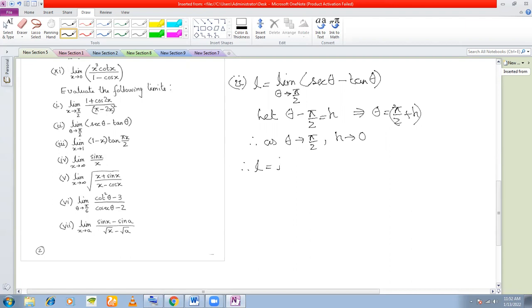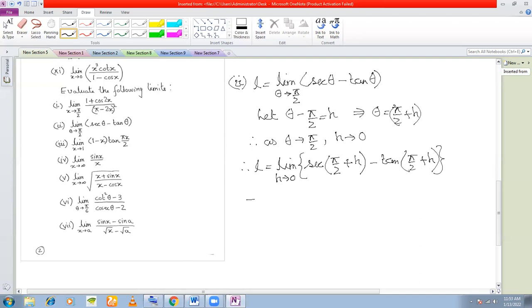Therefore, the limit will now become h tends to 0, sec of pi by 2 plus h minus tan of pi by 2 plus h.